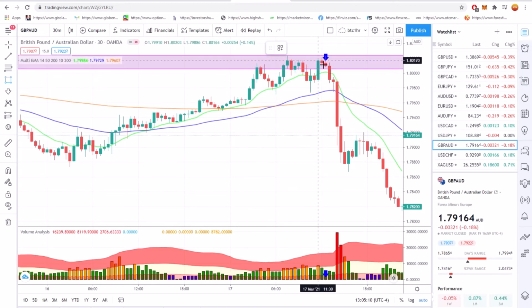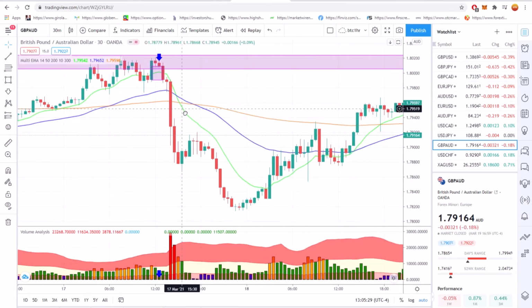The fact that we came back down in a slower manner is indicating to me that bears are now in control, very much so. So this area right here, from the low of this to the high of this candle right here, we'll extend that out.